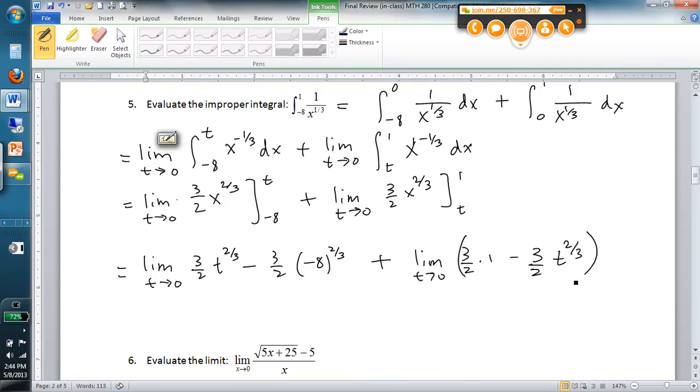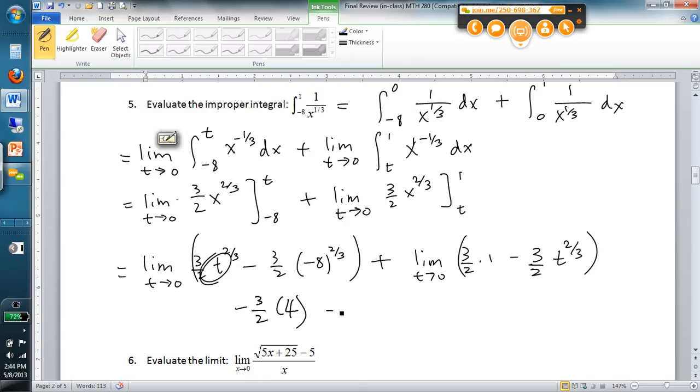So what have I got there? As t goes to 0, nicely, what does this go to? T's going to 0, so this goes to 0, doesn't it? That's going to be whatever that is. -8 to the 2/3 is +4, right? It's the cube root of 8 squared.